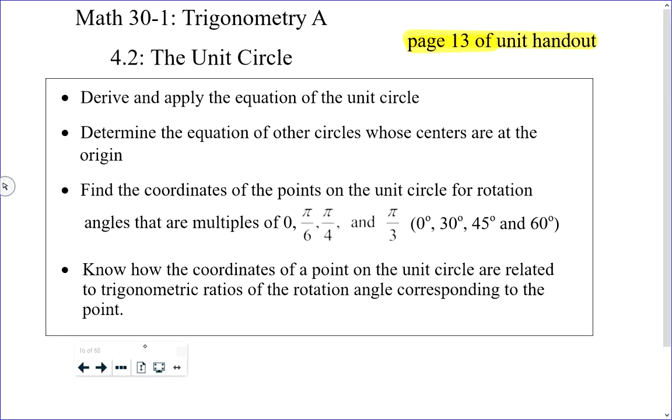At the end of this lesson, you should be able to tell me that the exact values of the coordinate pair of that point of intersection at 315 degrees is the square root of 2 over 2 for x and the negative of the square root of 2 over 2 for y.